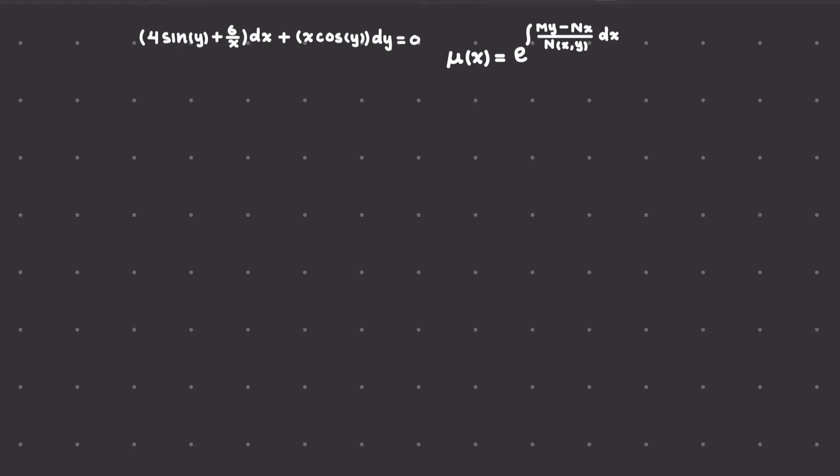Now let's do our first step, which is checking whether it is exact or non-exact. Taking the partial derivative with respect to y, we get 4 cosine y, and taking the partial derivative with respect to x, we get cosine y.